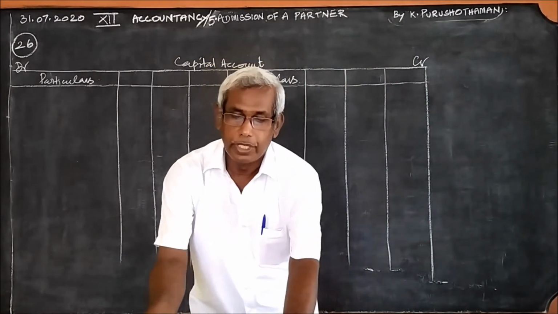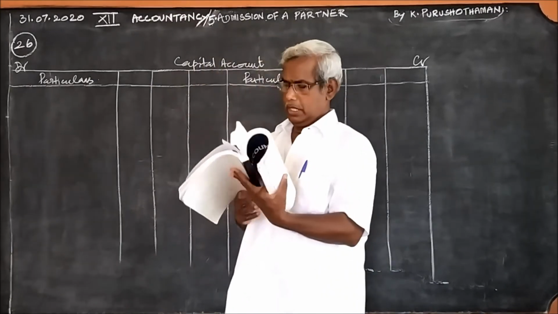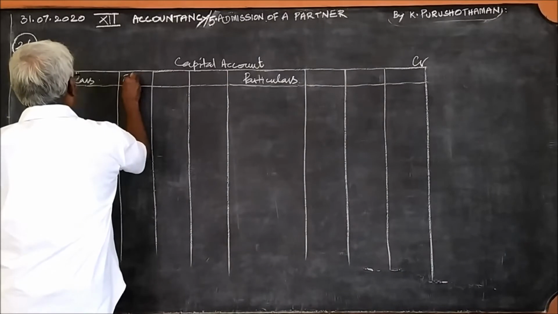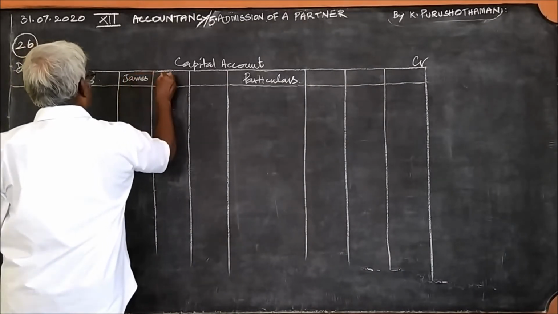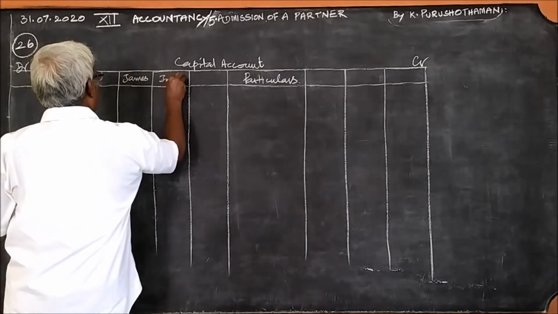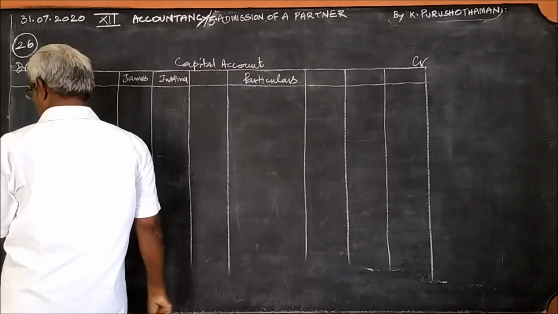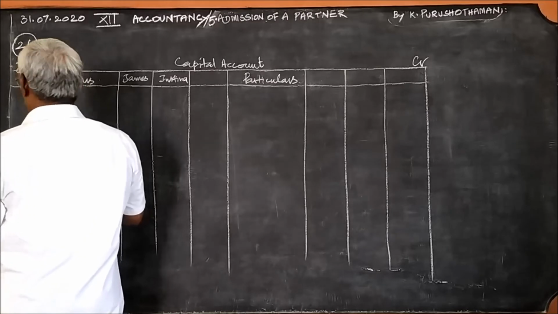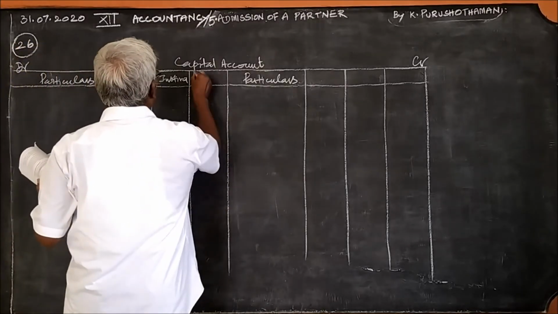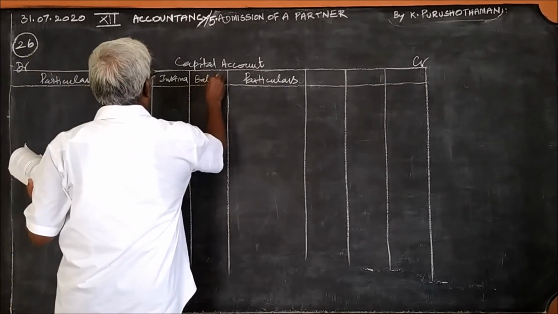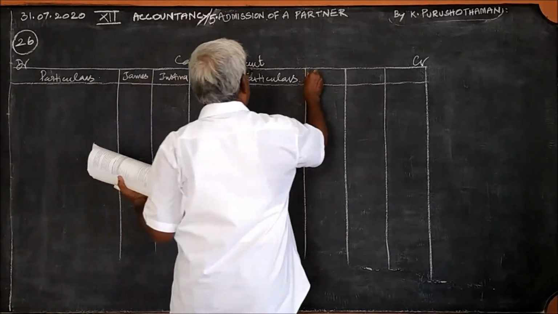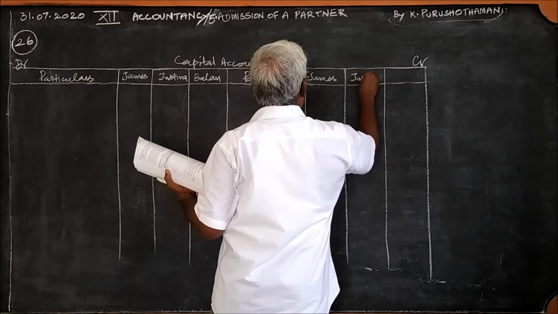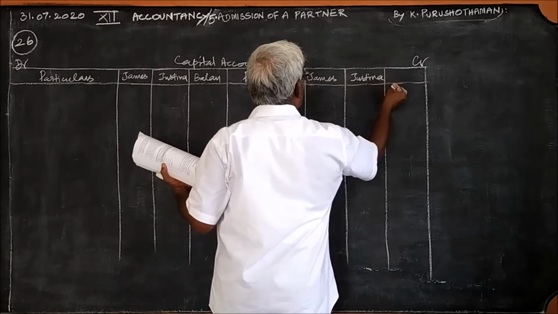The three partners in this problem are James, Justina, and the third partner admitted is Bolan. James, Justina, Bolan.